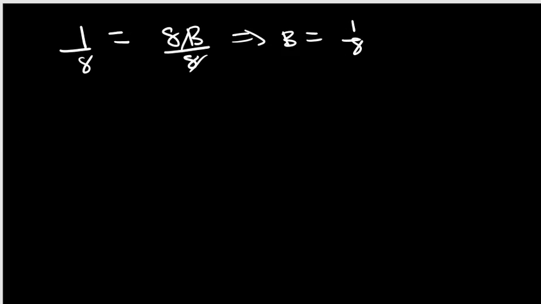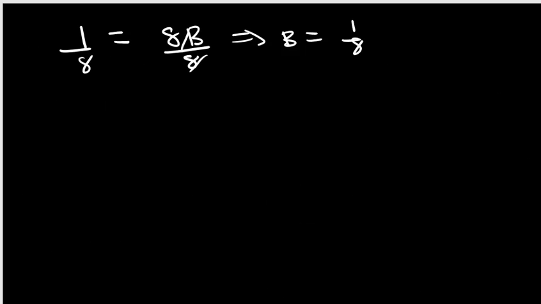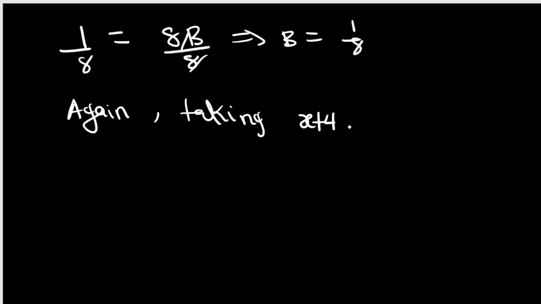We do the same thing. We go and take the other linear factor, we equate it to 0, and then we use the value there. So again, taking x plus 4, we equate that to 0, and this will give us x being equal to negative 4.